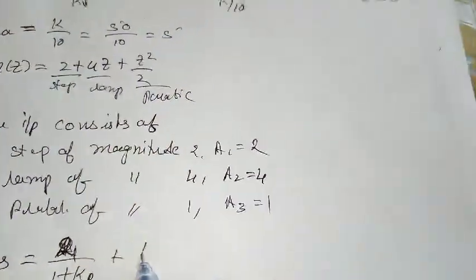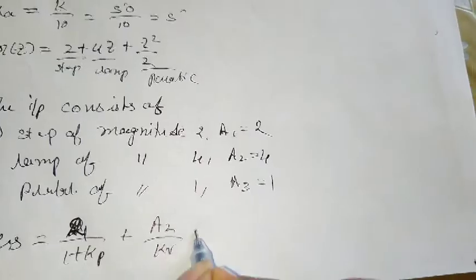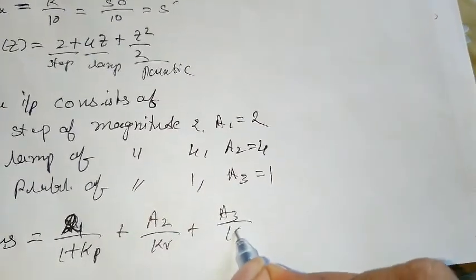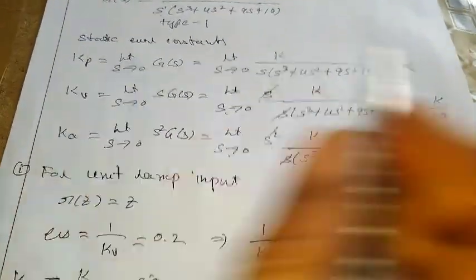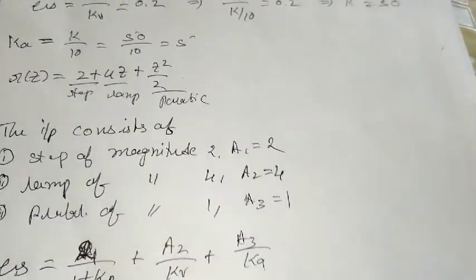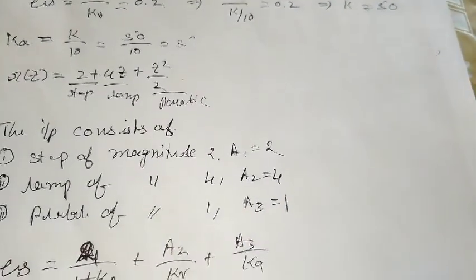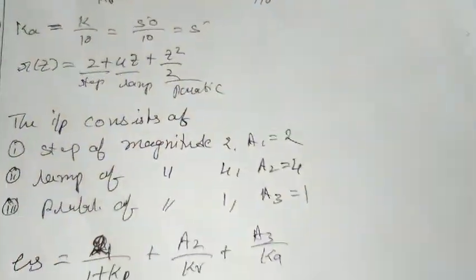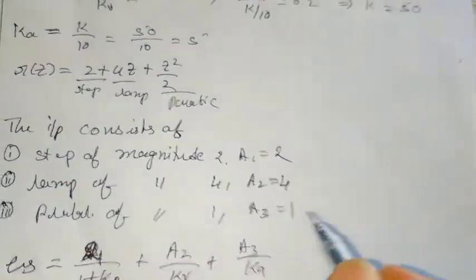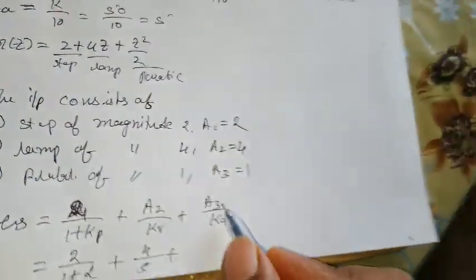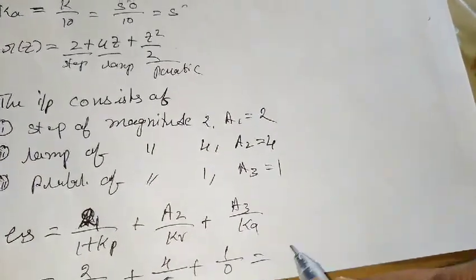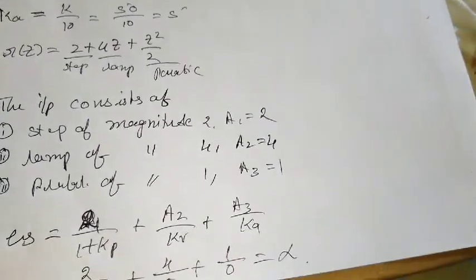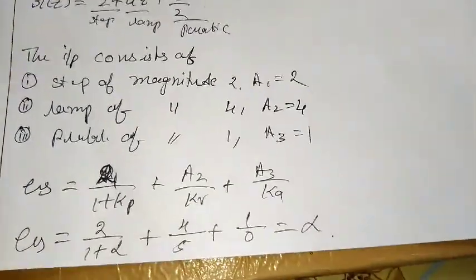If I substitute, this is 2 by 1 plus Kp is infinity, 1 plus infinity, plus A2 is 4 divided by Kv is 5, 4 by 5, plus A3 is 1 and Ka is 0, this I'll get infinity. So ESS value is infinity.